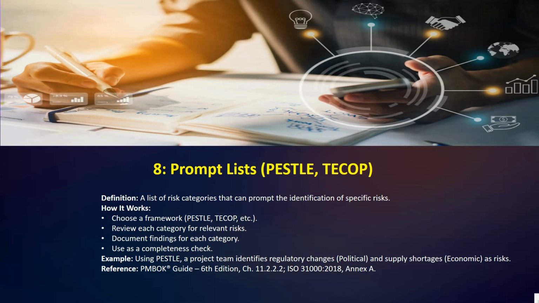So this approach helps you to systematically explore all the possible risk sources and avoid missing something important. Okay, so using PESTEL, our project team identifies the regulatory changes as political, and you can see supply shortage as a risk. That supply shortage will be economic.